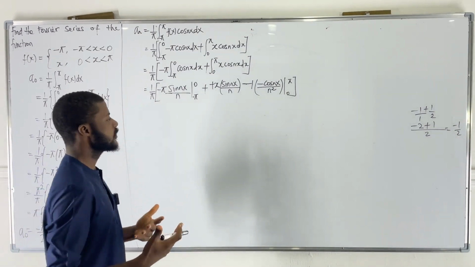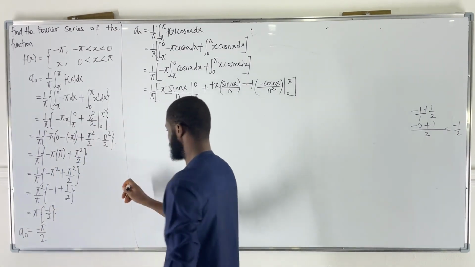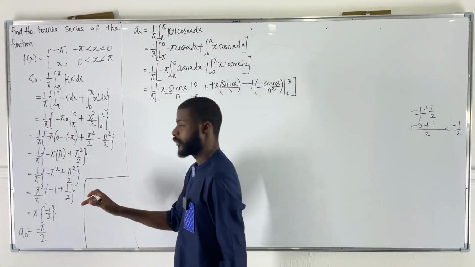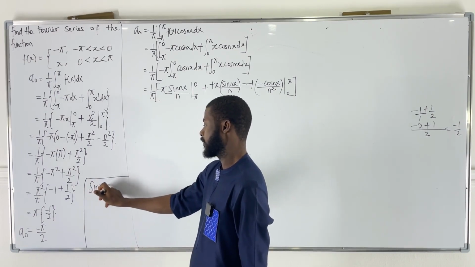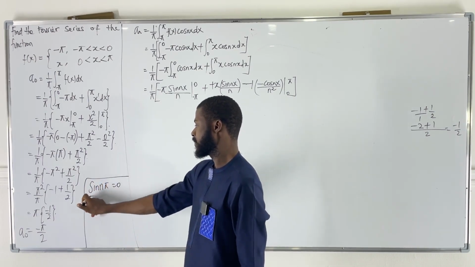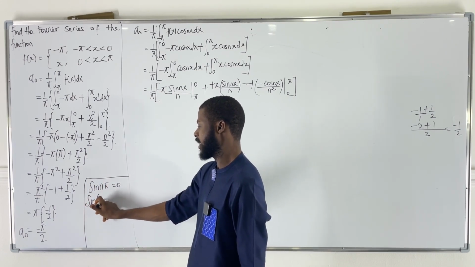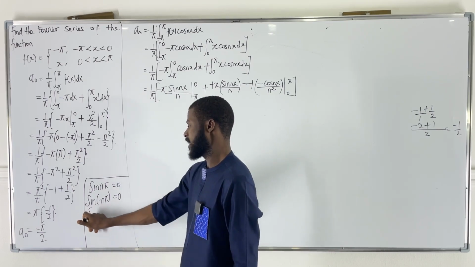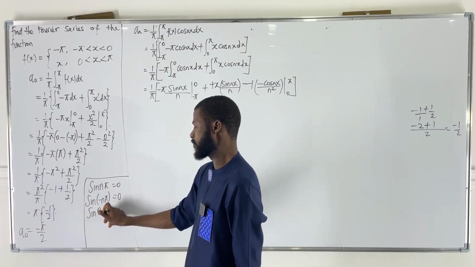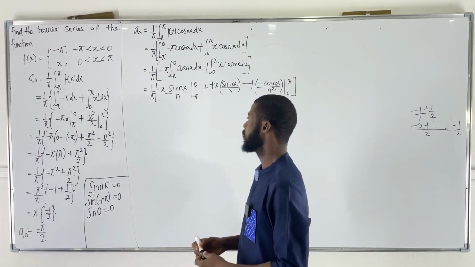Now, to not stress ourselves, take a look at this. When it comes to special values, sine n pi is equal to 0. Sine of minus n pi is also equal to 0. Sine of 0 is also 0. So let's come back here.